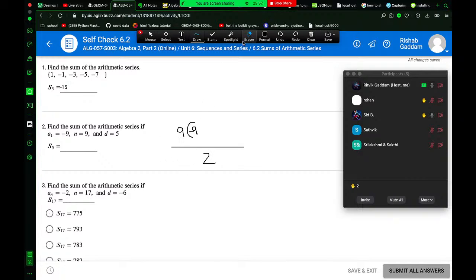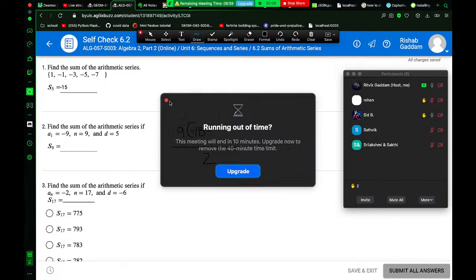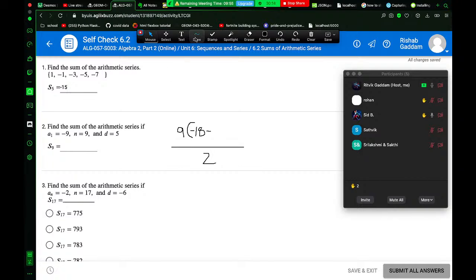Yeah. Okay, so that'd be the same thing. So you do negative 9 times 2, and that'd give us negative 18, plus n minus 1, that'd give us 9 minus 1, which gives us 8. 8 times 5, 40.